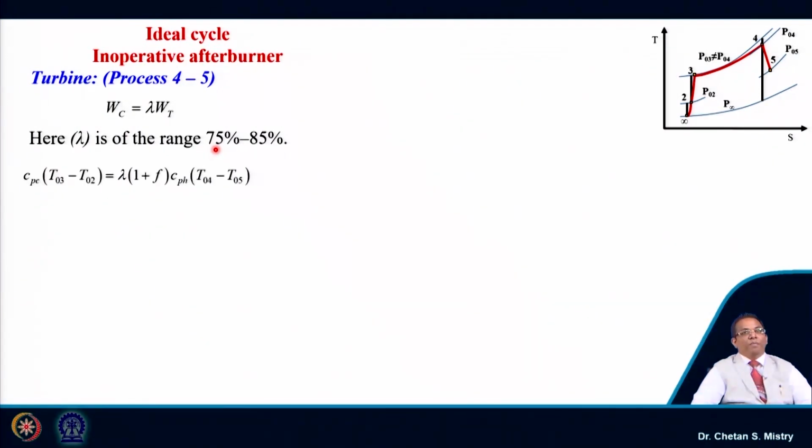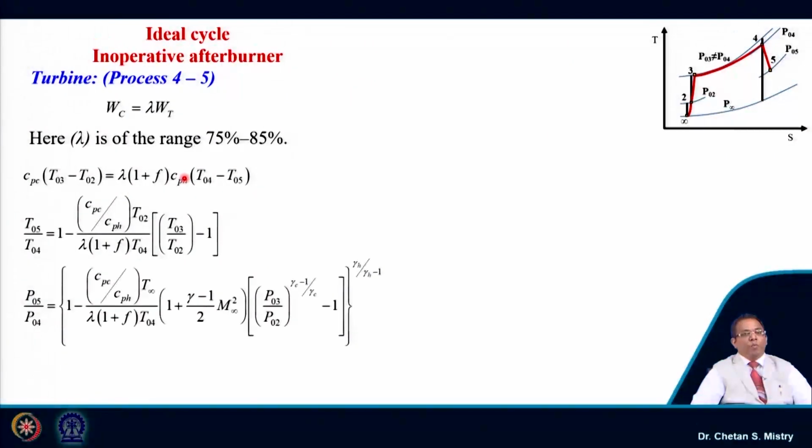Now, when we are putting our balance, I can write down Cpc (T03 minus T02) equal to lambda times (1 plus F) Cp (T04 minus T05). Based on this correlation, we can calculate my temperature and my pressure.